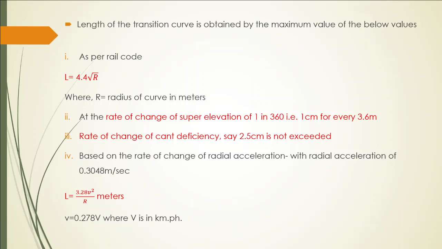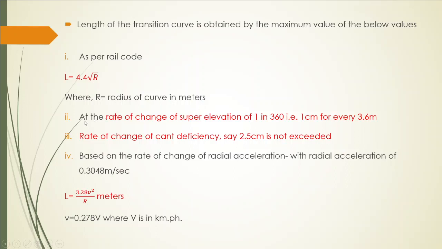Okay. As per the rail code, there are three equations that are used to calculate the length of transition curve, and similar to the previous one, whichever is maximum from these three equations will be considered as the length of transition curve. So first is L is equal to 4.4 root R, where R is the radius of curve in meters.